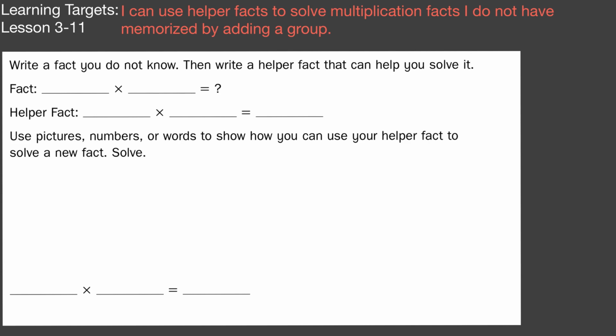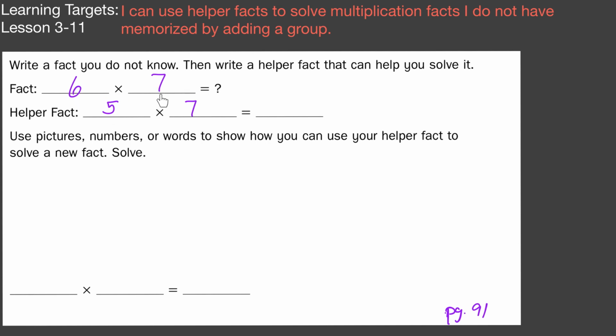All right, class, this here is the bottom of page 91. So right here we've got page 91. I am going to give you the facts here. So the fact that we are going to solve is going to be 6 times 7. So I'm going to want you to use the helper fact 5 times 7 to help you solve 6 times 7.